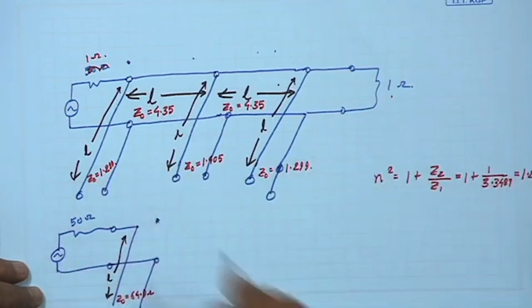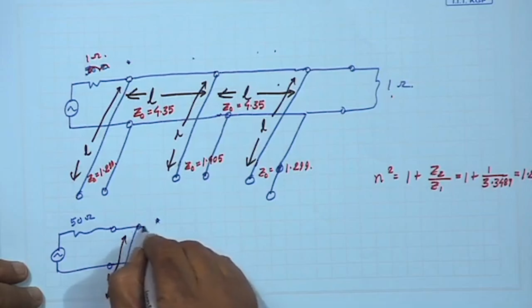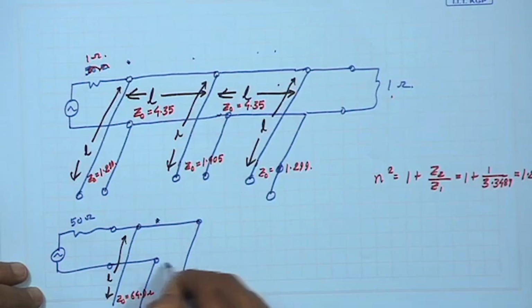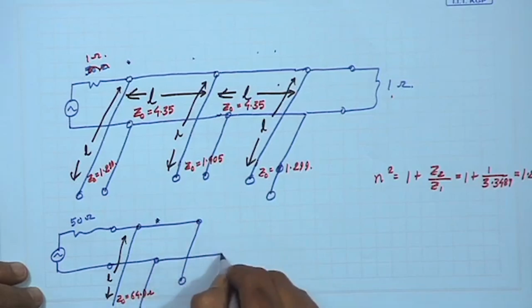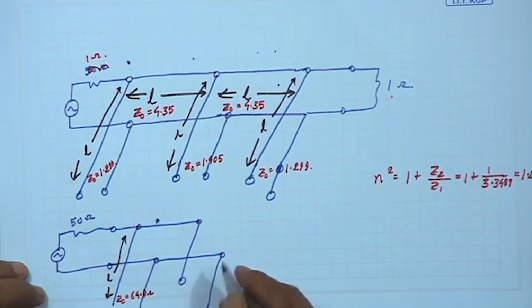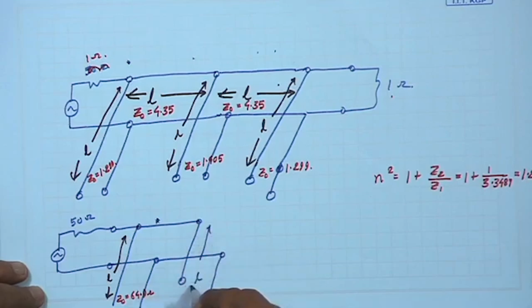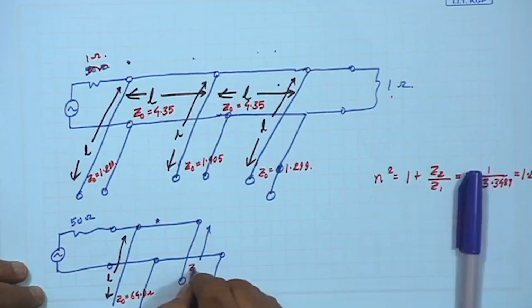Then I will have, again, this is of length L, and this Z naught is 70.3 ohm, 1.4 into 50.